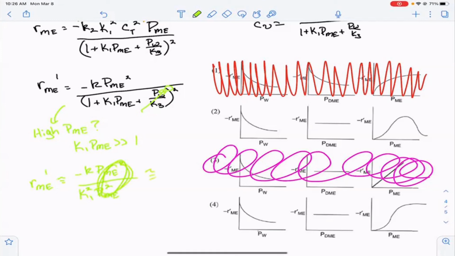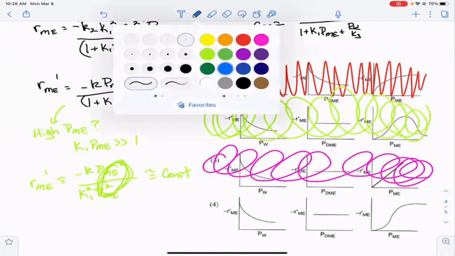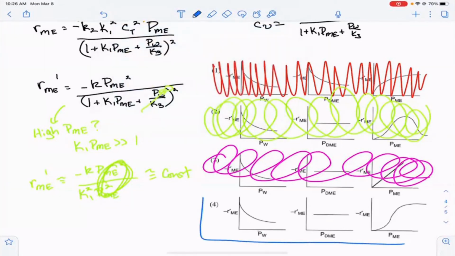So that says at high PME, this should be approximately equal to a constant. Because of that, we know that 2 cannot be true. And so our answer here, after we've ruled all of those out, is 4. That is the only row of plots that is consistent with the mechanism that we were told after we derived the rate law.